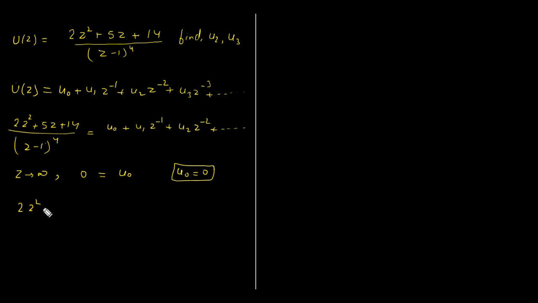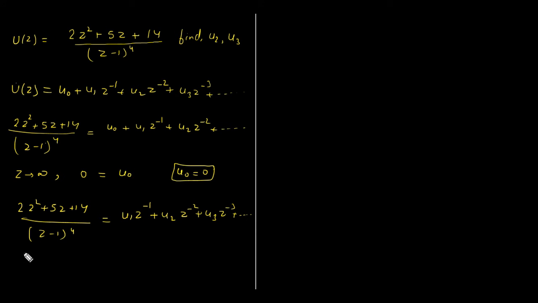2(z² + 5z + 14) upon (z − 1)⁴ is equal to u1 z⁻¹ plus u2 z⁻² plus u3 z⁻³ and so on.